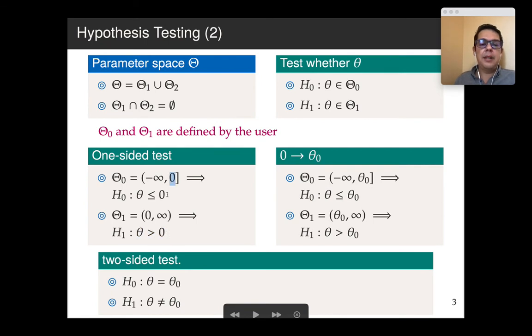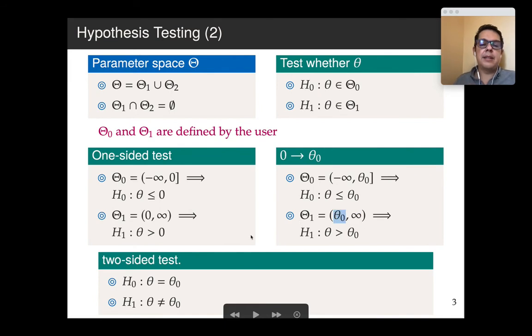As you can see, there are zeros here, and we can change these zeros for a variable. Instead of using 0, I'm going to change it to this variable, and the one-sided test can be read as follows. Theta 0 goes from minus infinity to theta 0, the parameter, and then the set theta 1 goes from theta 0, the parameter, to infinity without touching theta 0.